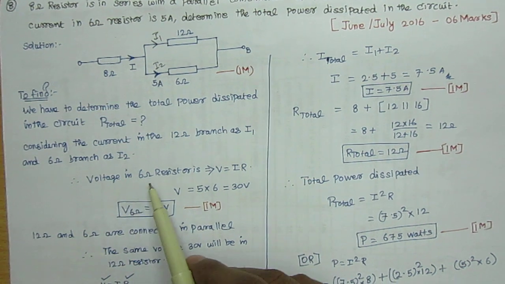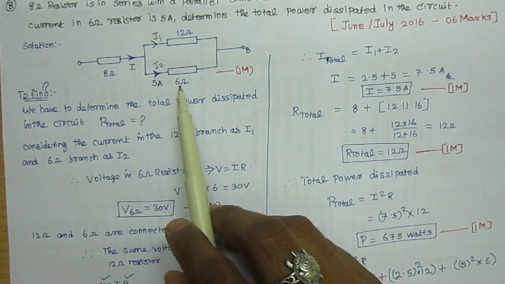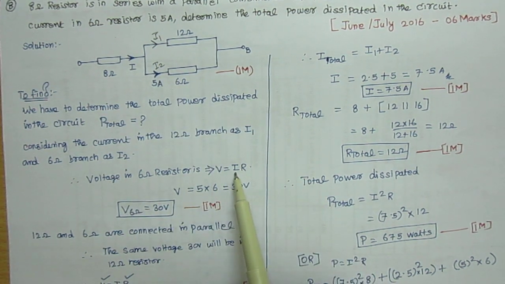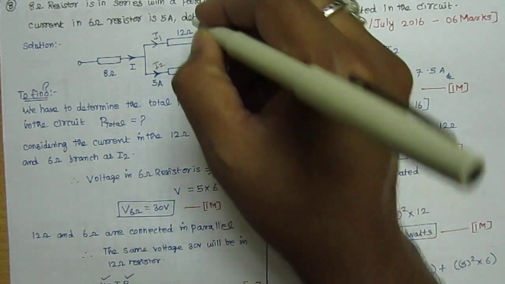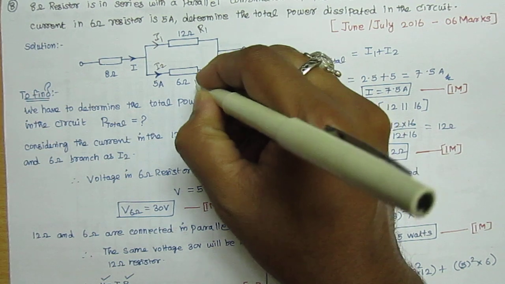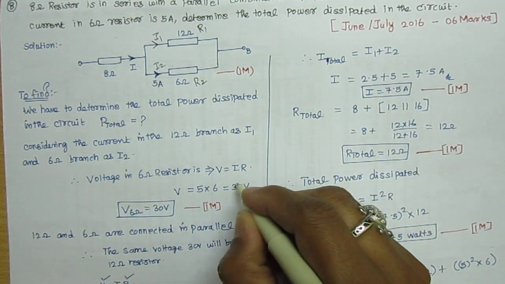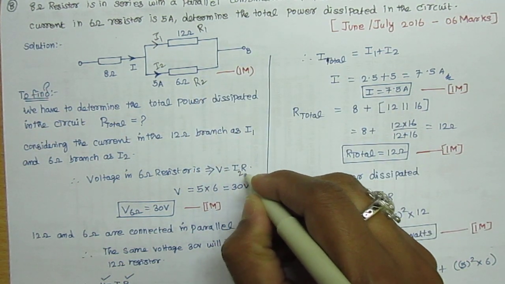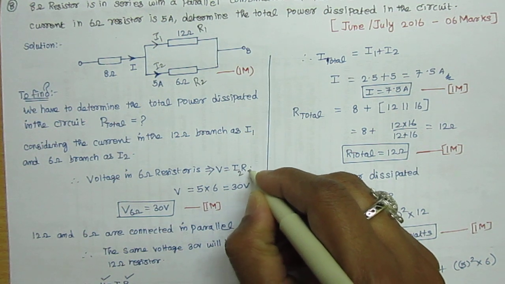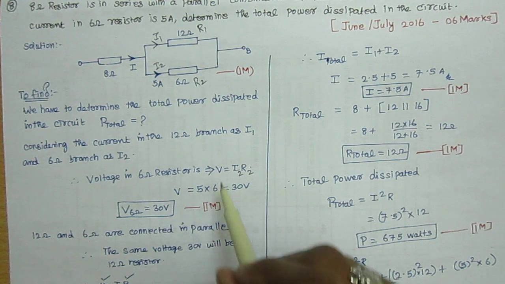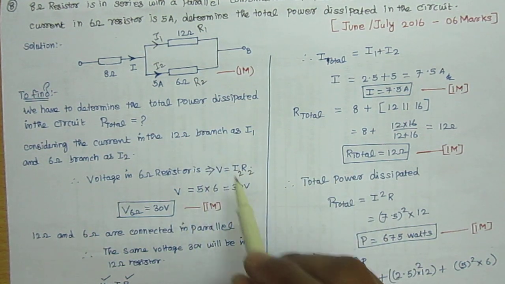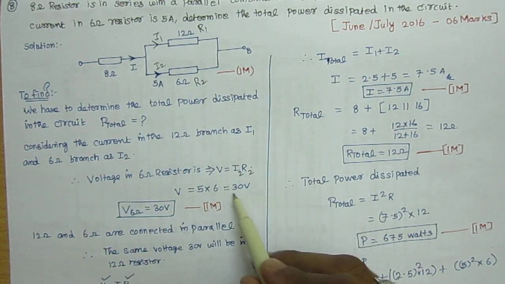So the voltage in the 6 ohm resistor, V is equal to IR, that is I2 into R2. Here I am considering this as R1 and this as R2. So if you substitute the values, I2 is 5 and R2 is 6, the voltage across this branch is 30 volt.